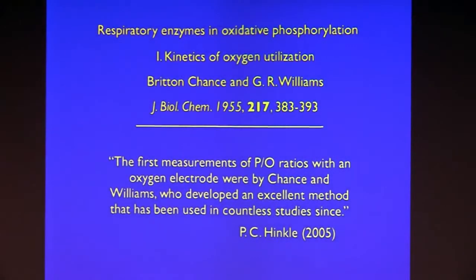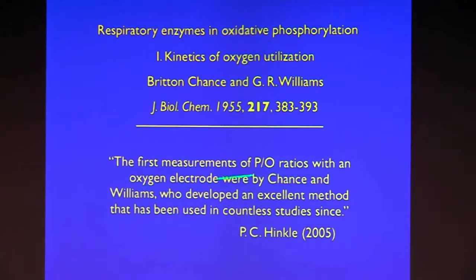Now, this links to experiments done a very long time ago by Britton Chance and Williams in this classic paper published in the Journal of Biological Chemistry in 1955. And this was the first time experimentally that what are known as P to O ratios had been measured with an oxygen electrode.